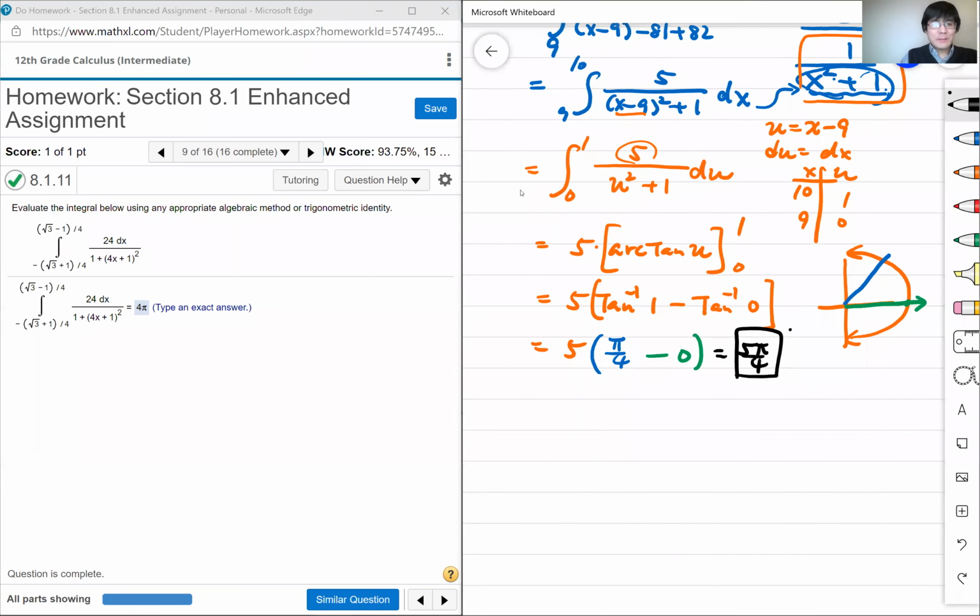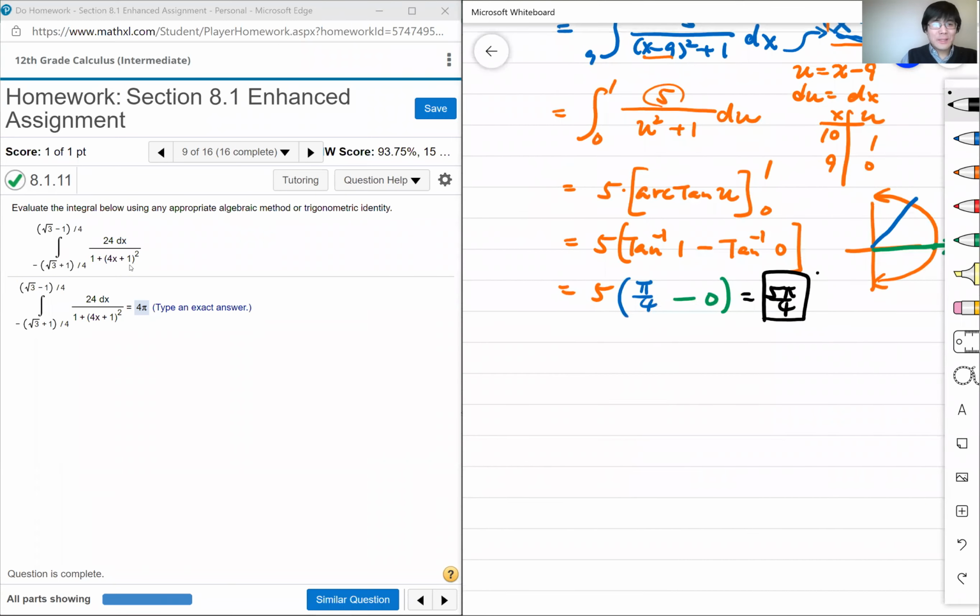Okay, the next one looks ugly, but it's kind of similar to this problem. So number 9 is the integral from negative this divided by 4 to negative square root of 3 minus 1 over 4. 24 is just a numerical constant, and then 1 plus a linear term squared.